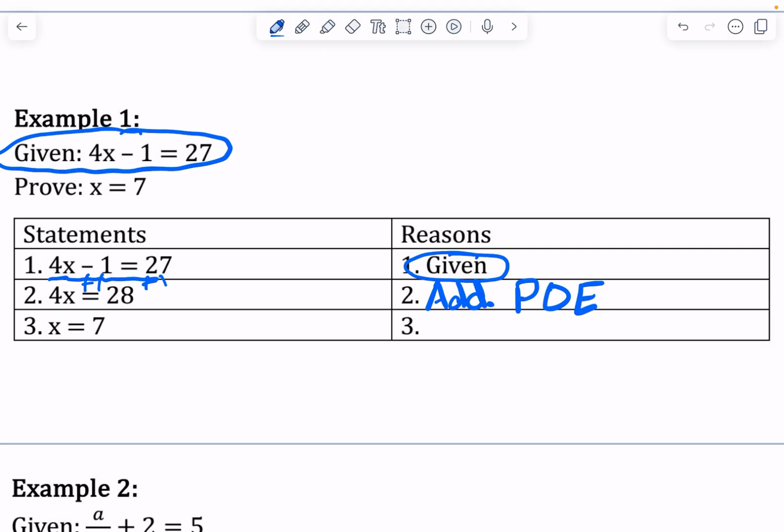And we know that the 4 disappeared because we divided on both sides. So when we divide, that's division property of equality. We divide on both sides. The work I show on the left, you don't need to show in the proofs. I'm just showing you so you see what's going on. But you don't need to show any work over there as long as you have your reasons down.